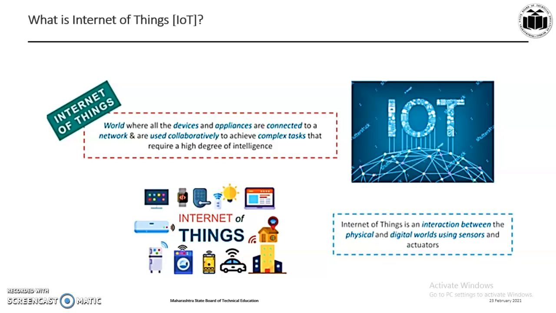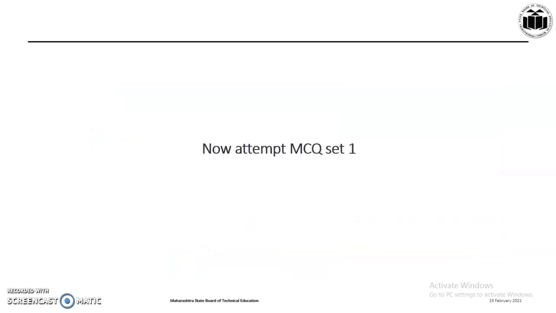Practically, IoT evolved from machine-to-machine communication, that is machines connecting to each other. Machine to machine refers to connecting a device to the cloud, managing it and collecting data. Now at this level, students can attempt MCQ set 1 given in the formative assessment.